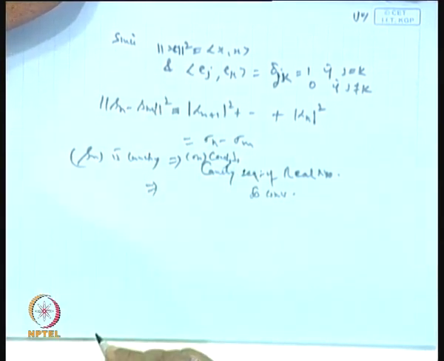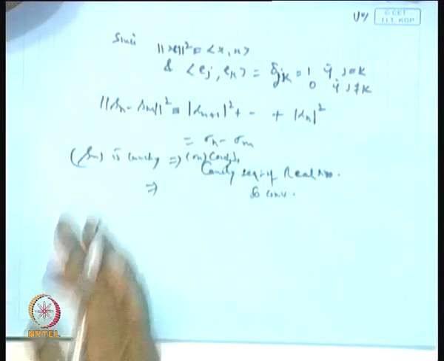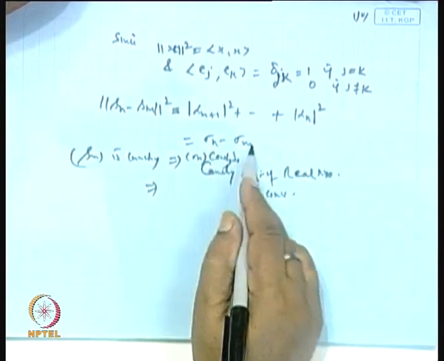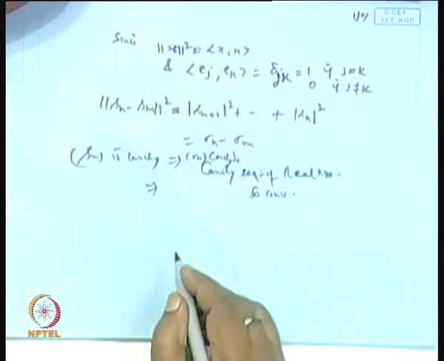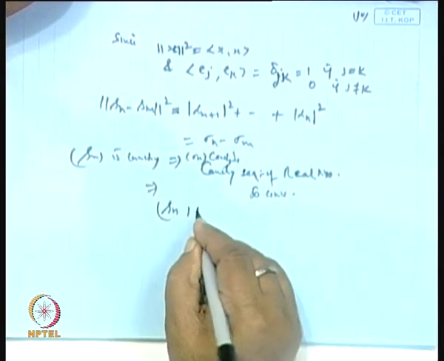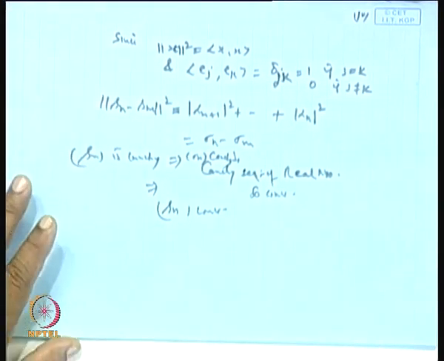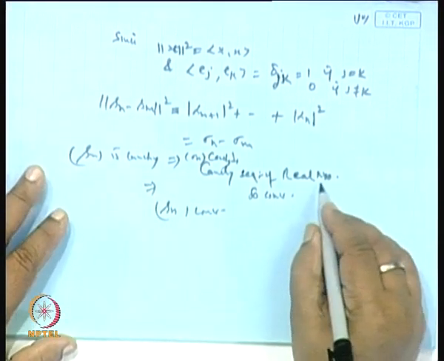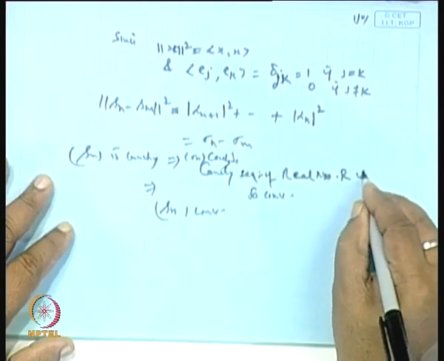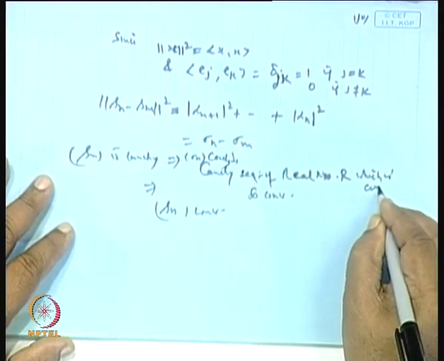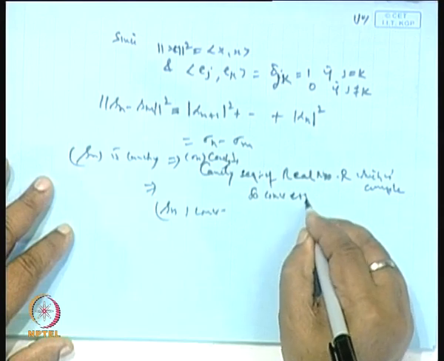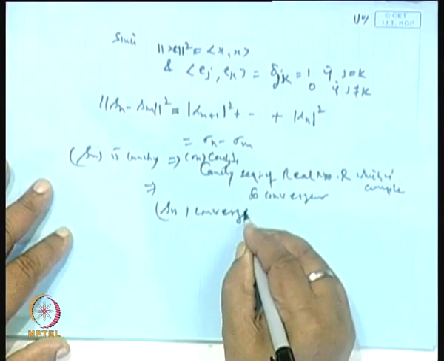Yes. So, if the right hand side is Cauchy, then the left hand side is also. Now, if this is convergent, then S_n will be convergent. Okay. So, this proves the result. Is it correct now? Because the real numbers are complete, it is convergent. Therefore, S_n is convergent.